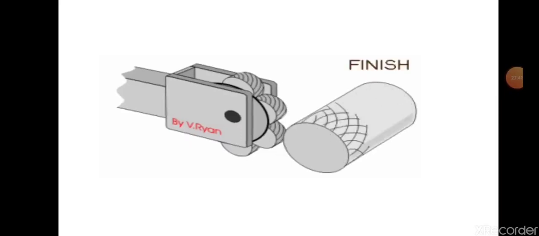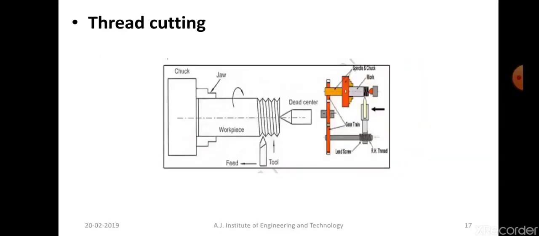Moving on to the next operation, that is thread cutting. What is thread cutting first of all? Knurling, as I've told you, is an operation of producing a serrated surface on the workpiece for gripping purposes. Now what is a thread?